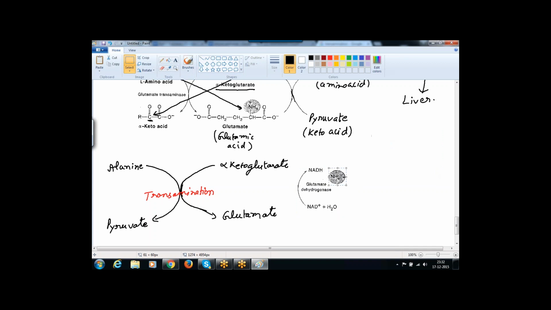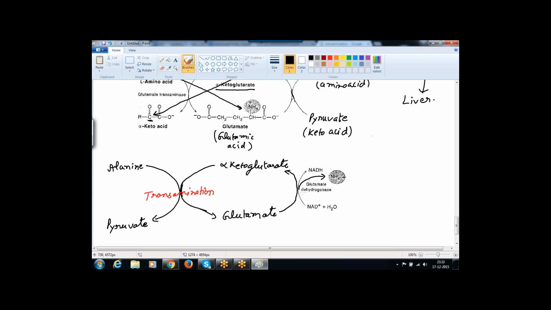I'll write it this side only. So now the glutamate becomes alpha ketoglutarate. With the help of glutamate dehydrogenase, NADH is undergoing any change, that is not important. And it is getting rid of the amino. Now this is not giving the amino group to something.